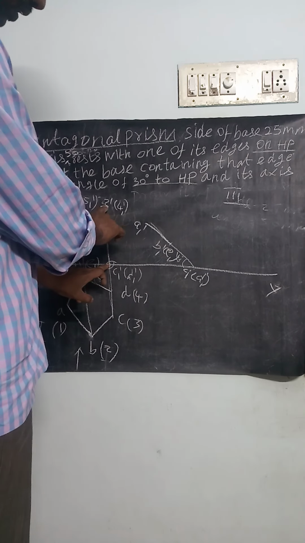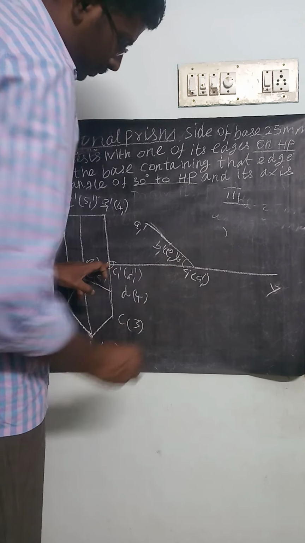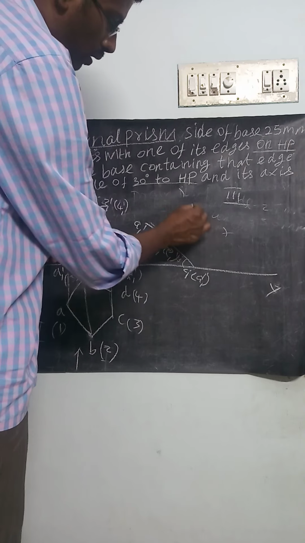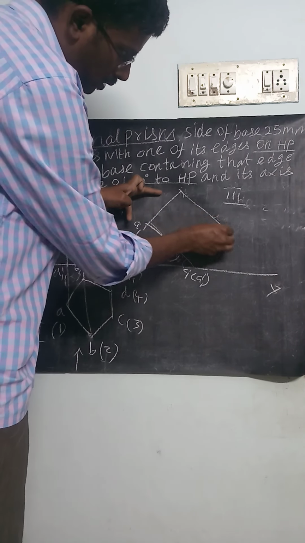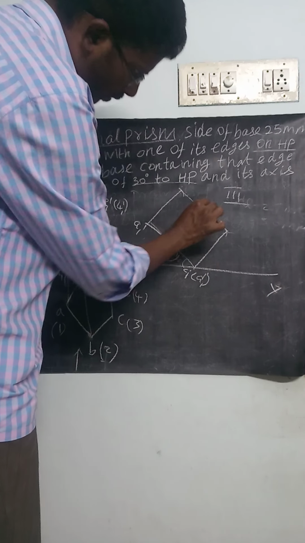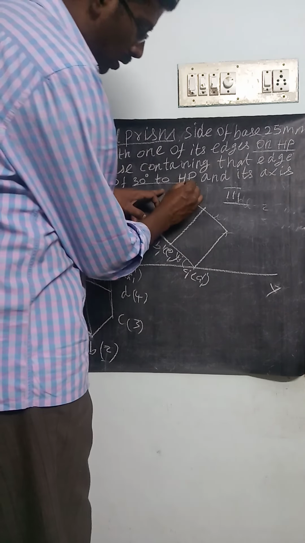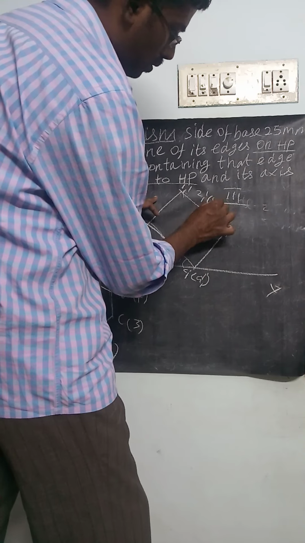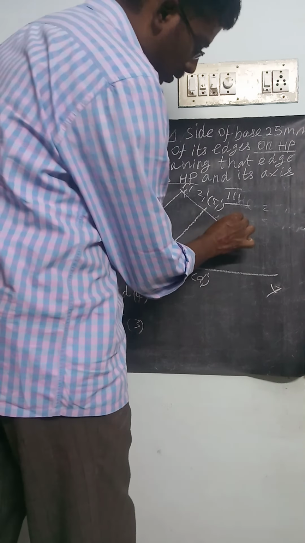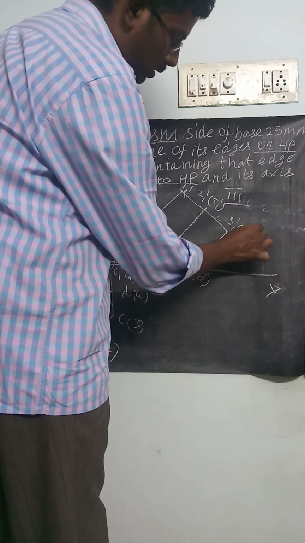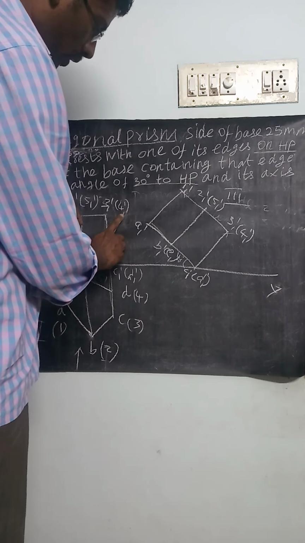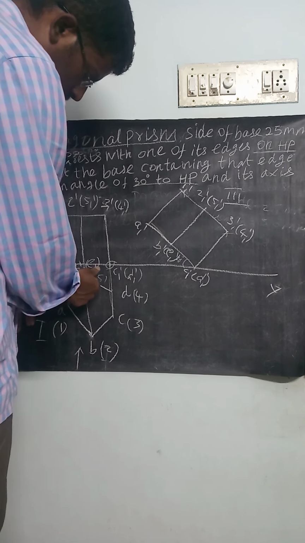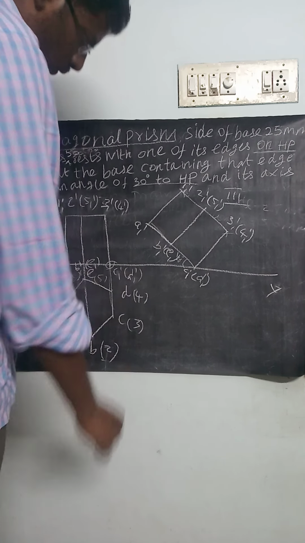Take the distance C1 to 3 1 and cut an arc, and likewise for A1 dash, cut an arc, and join all the lines. Then put the names: 1 dash not visible, next 2 1 dash, next 5 1 dash, next 3 1 dash, 4 1 dash. These are numbers only.